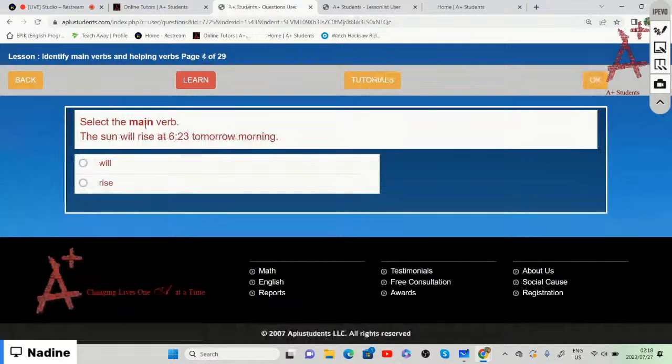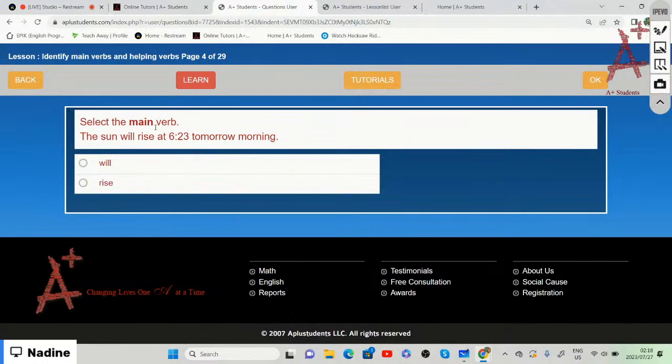We need to select the main verb. The sun will rise at 6:23 tomorrow morning. Is it will or rise?